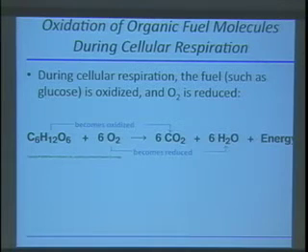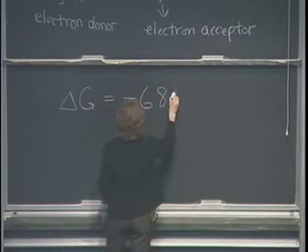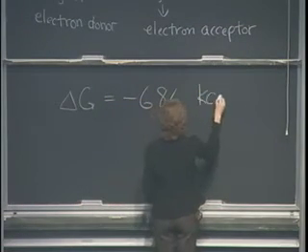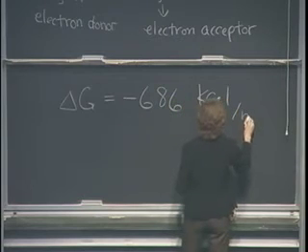Right, and I wanted to tell you one other thing while we're on this slide, which is that, as you can imagine, this is a very exergonic reaction, and the delta G for this is 686 kcals per mole.